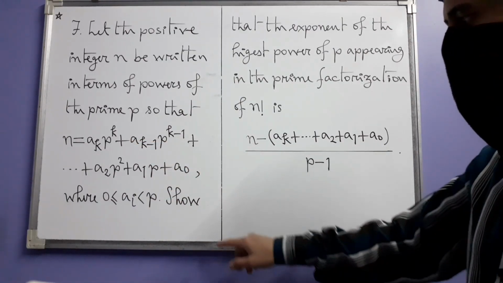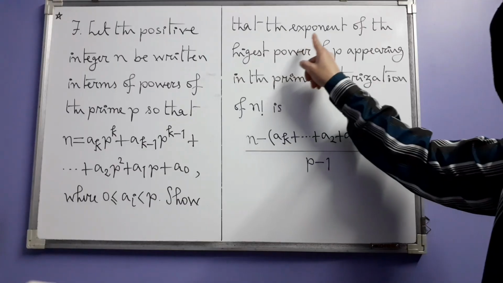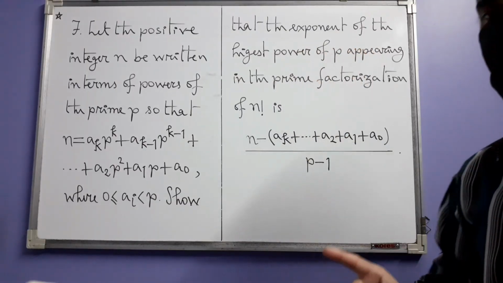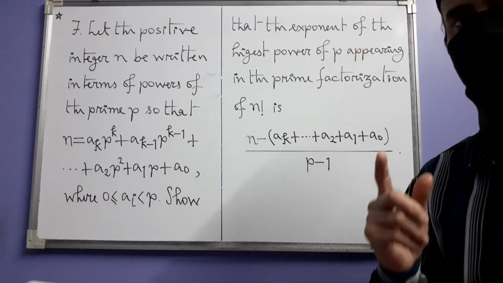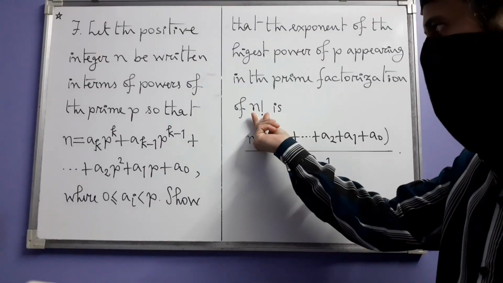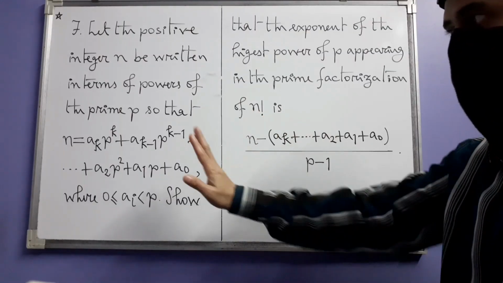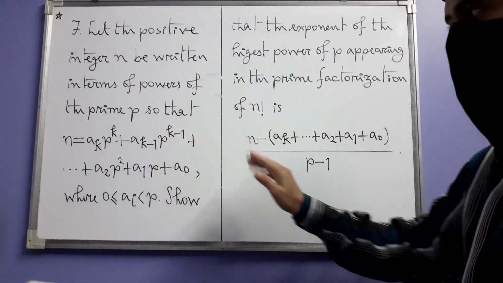Now, the exercise asks you to show that then the exponent of the highest power of p that will appear in the prime factorization of n factorial, not of n, okay, n factorial.